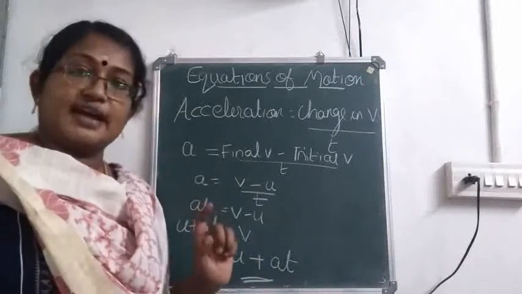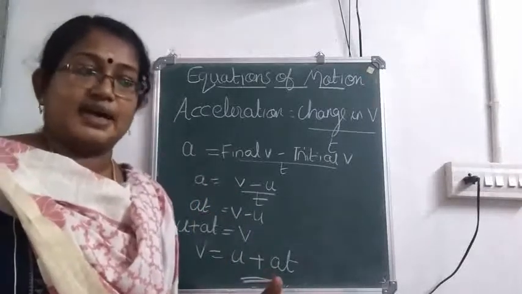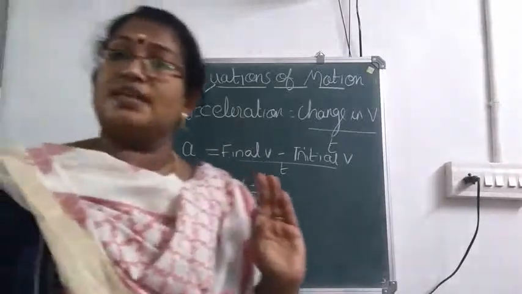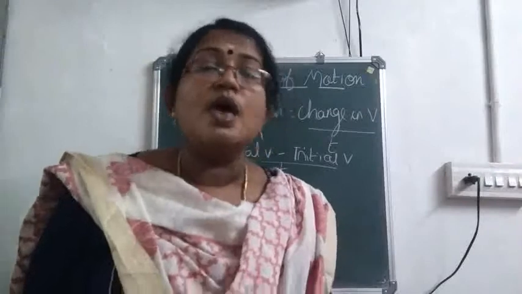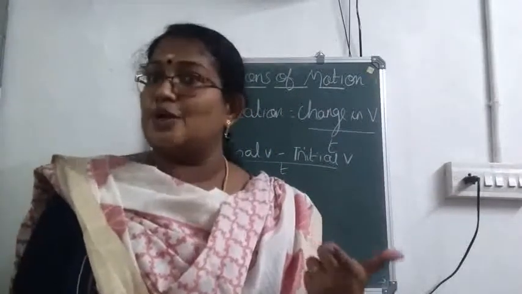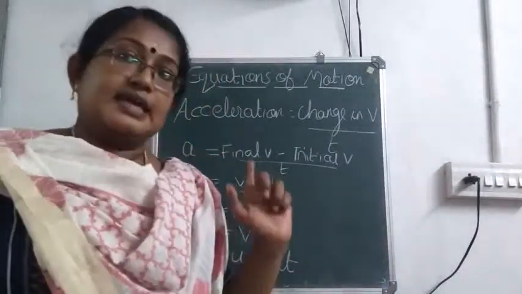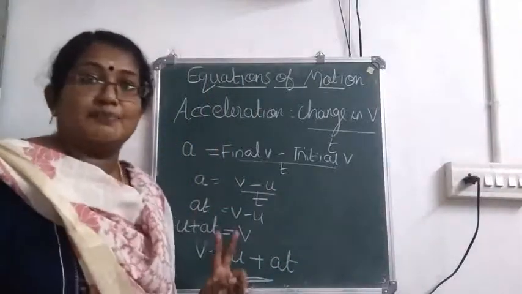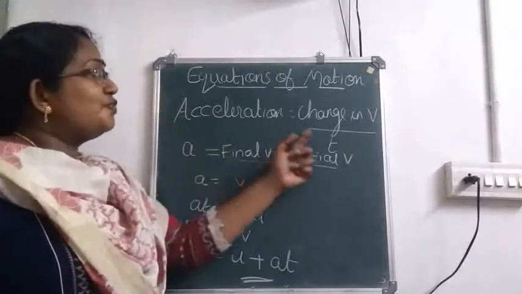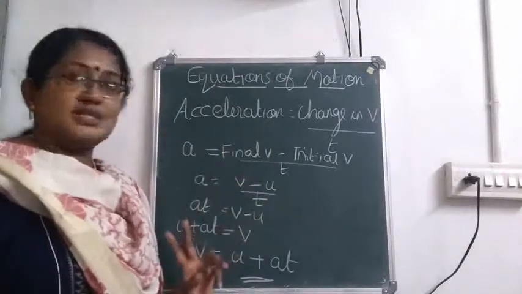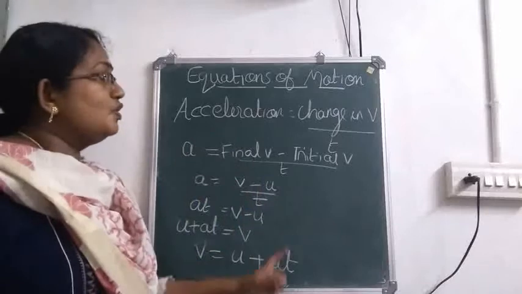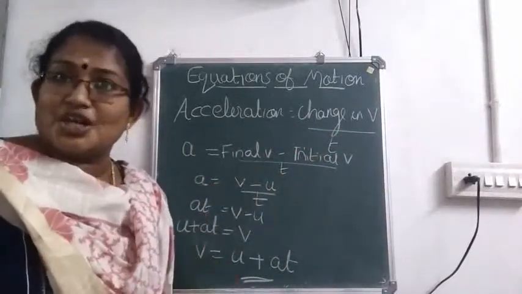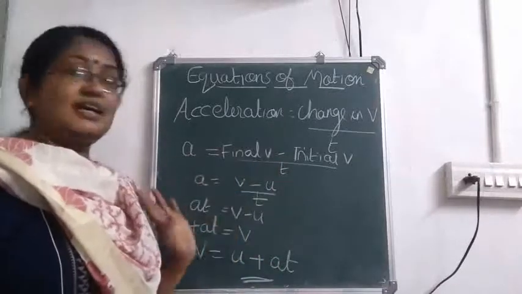So, in order to derive that first equation, what I have to write is: consider a body moving with an initial velocity u. After time t seconds, let the velocity be v. And a represents the acceleration produced on the body. Now, standard equation for acceleration is change in velocity by time. But we know that change in velocity is final velocity minus initial velocity divided by time.